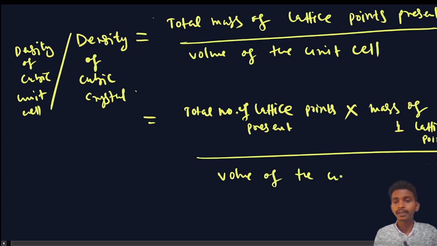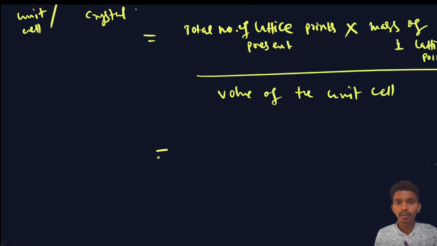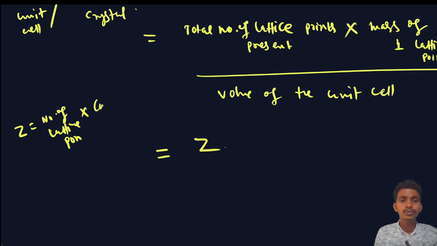Volume of the unit cell. So now this value is going to be the total number of lattice points present. That we explain with the help of Z, because Z is the number of lattice points into their contributions.